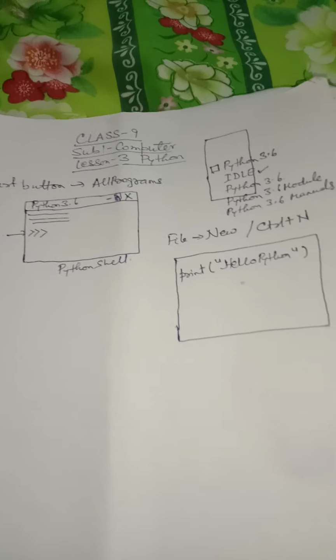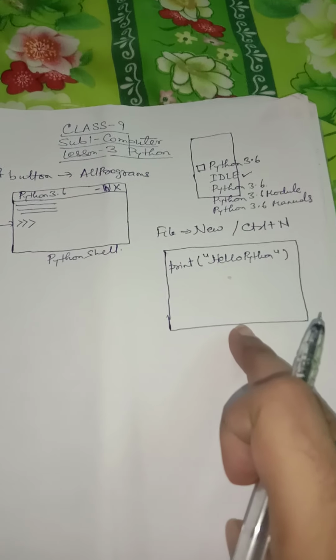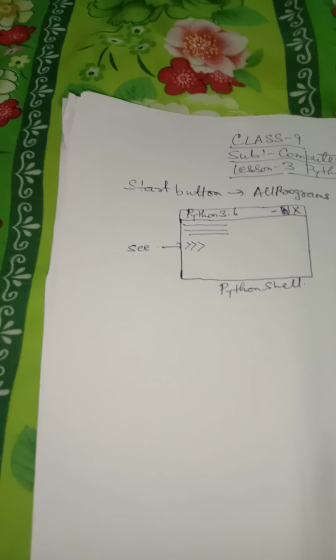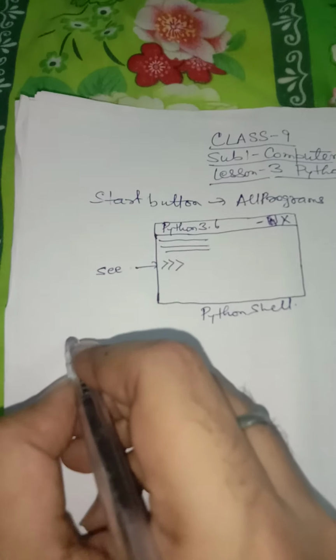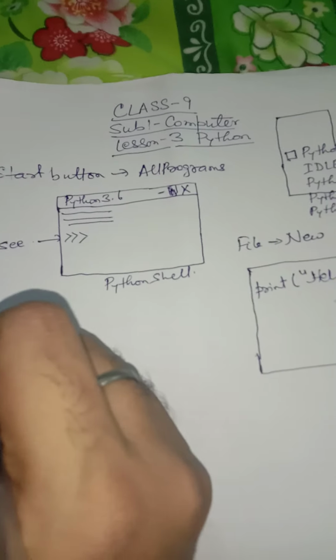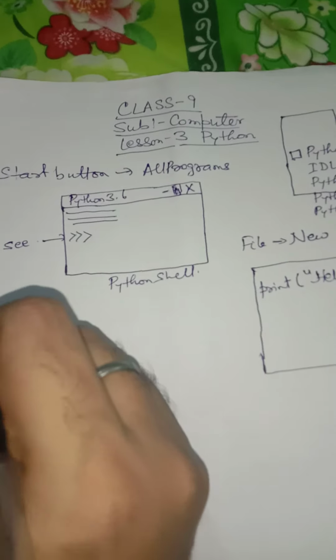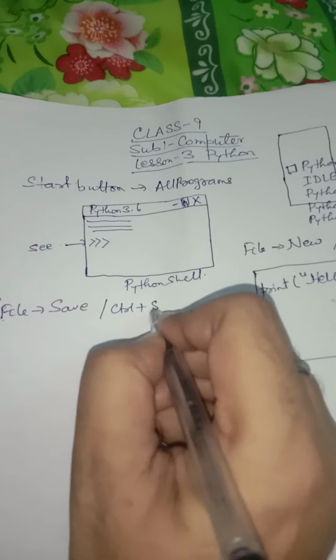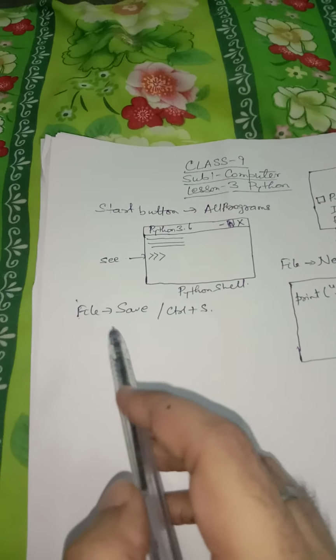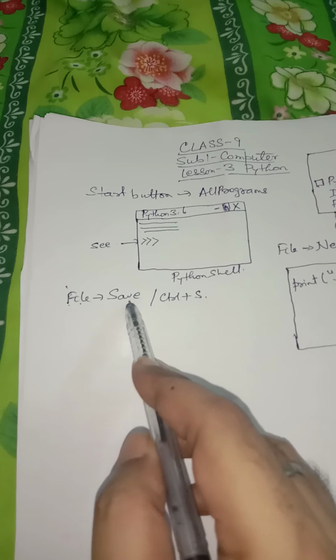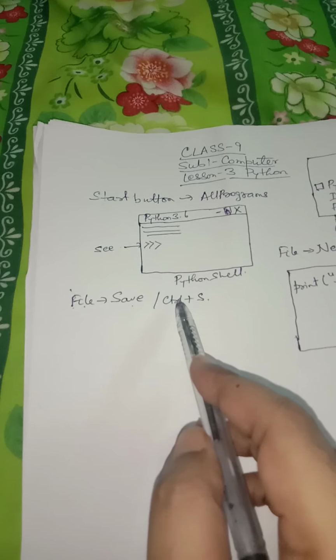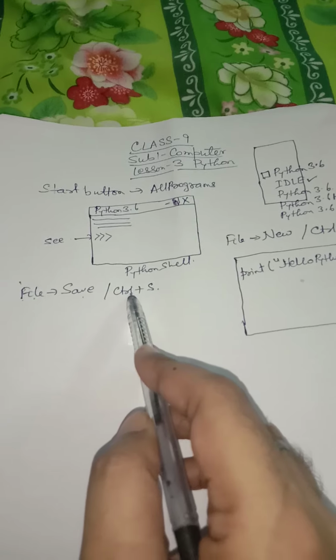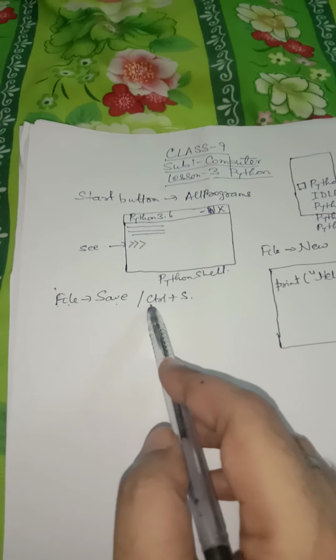The next task will be to save the program. In order to save the program, we have to go to File and click on Save, or the shortcut is Ctrl+S.